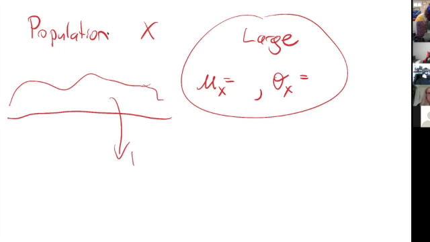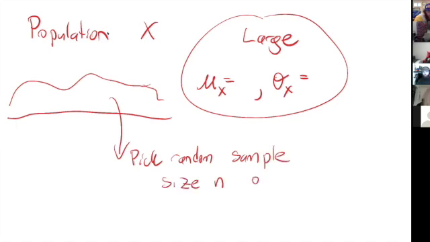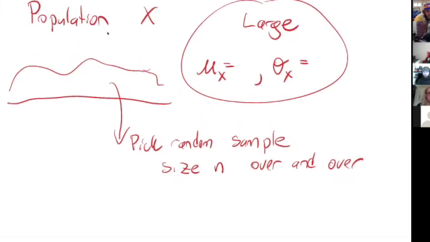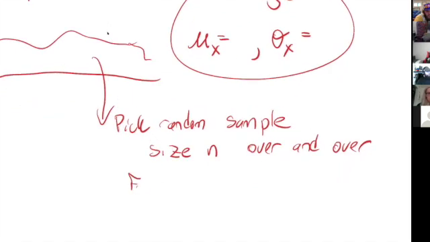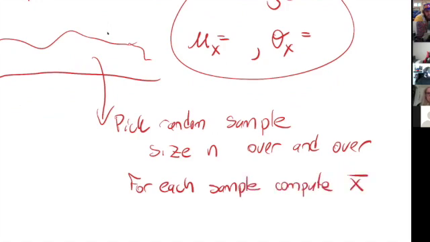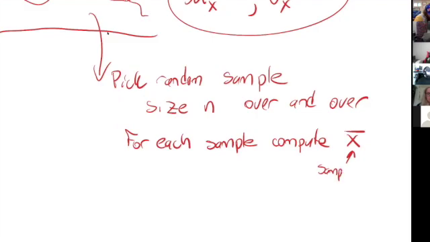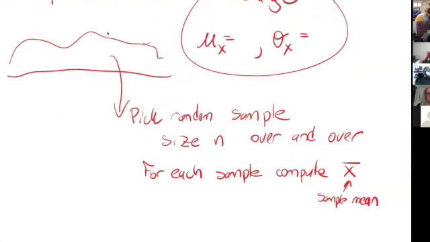So then we pick a random sample of size n, over and over again. For each sample, we compute the mean. So remember, we use x bar to denote sample mean. And then we can look at the distribution of all sample statistics.